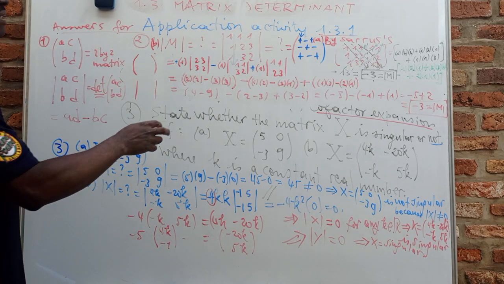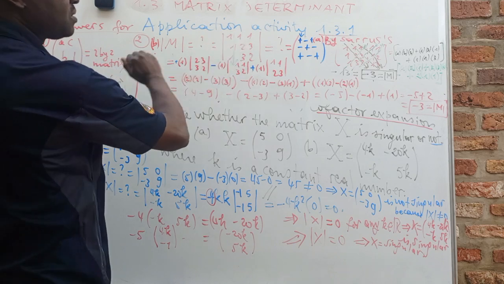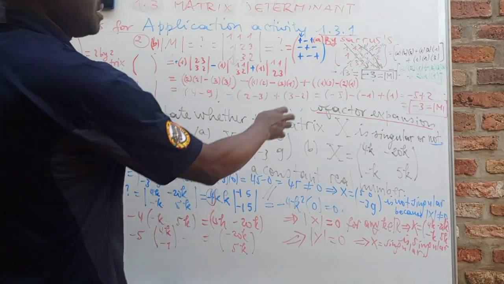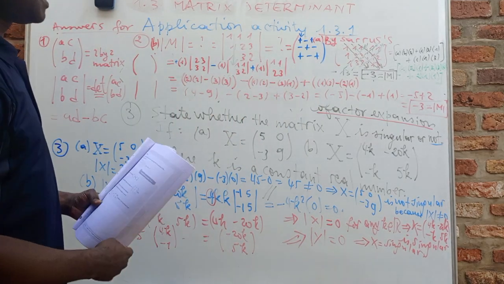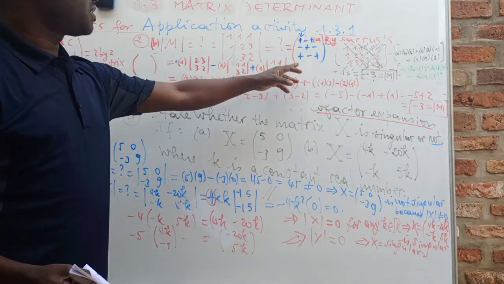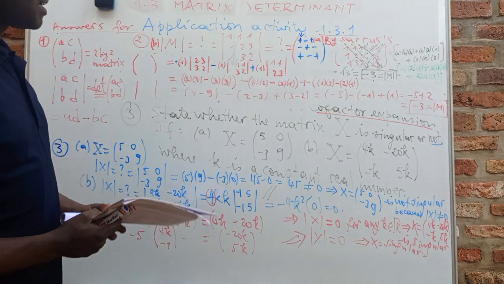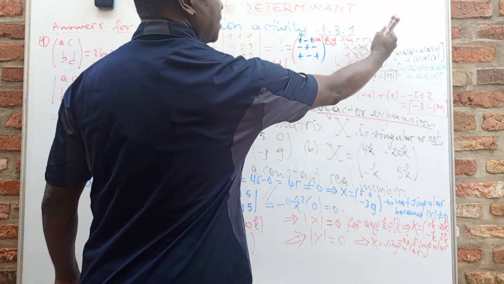Now what we did was to expand it by using two methods. There were Sarrus's method, A, and B was using expansion in cofactors.